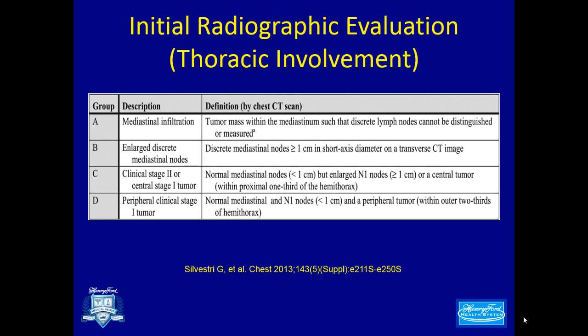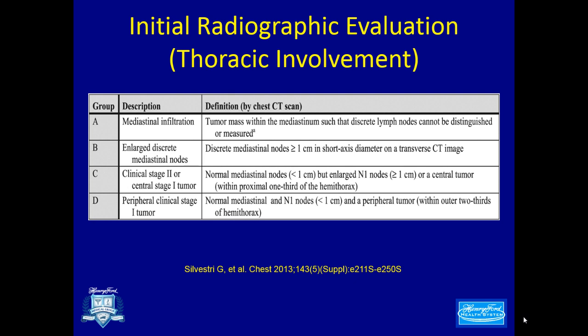So the guidelines, again, the ACCP, they divided these patients into 4 groups. And I know the fellows will go through all these groups when they rotate through bronchoscopy, because this kind of tells you what to do. So the group A, you have the patients with mediastinal infiltration.